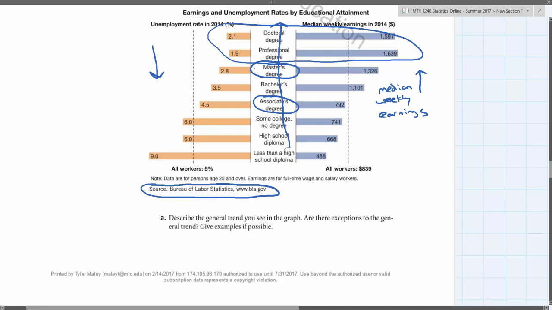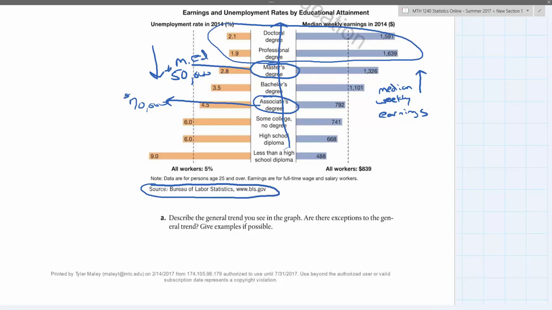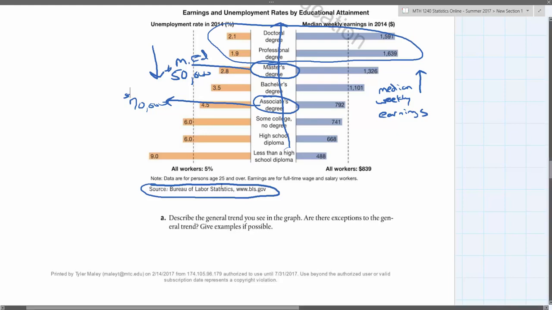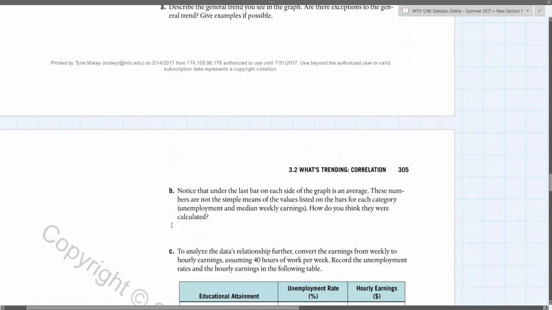You could have someone with a master's in education making, let's say, 50 grand, but then someone with an associate's degree in nursing making 70 grand. So that's quite possible. It depends on the field. So this isn't by any means the end all. That's what we could say for part A: we talked about the trend and gave some examples and some exceptions that could occur.